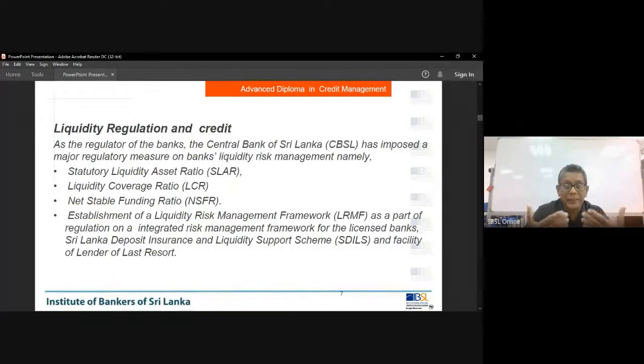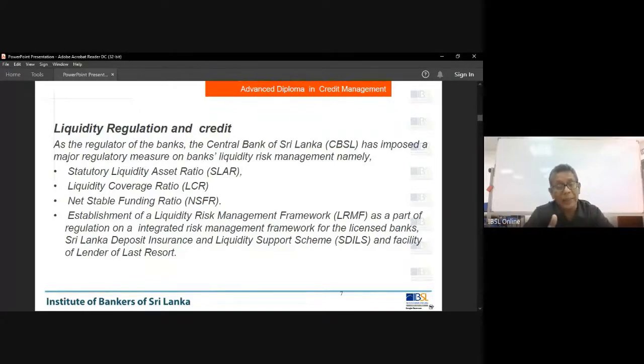What are the initiatives, or what are the actions taken by the central bank? Statutory liquidity asset ratio. Now you know what is the amount you need to maintain as asset requirement, right? What is the amount you need to keep with you, right?